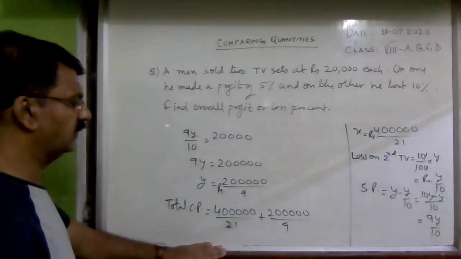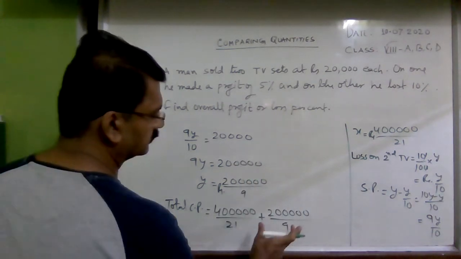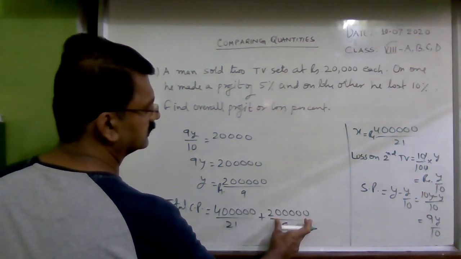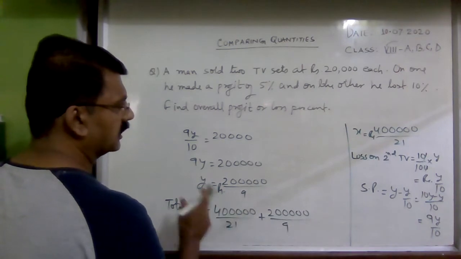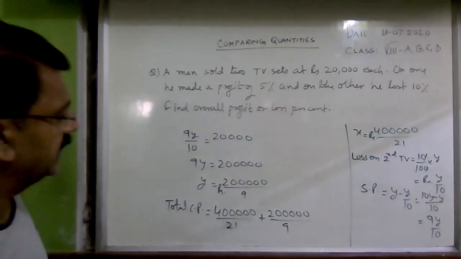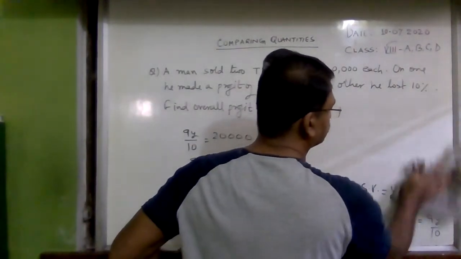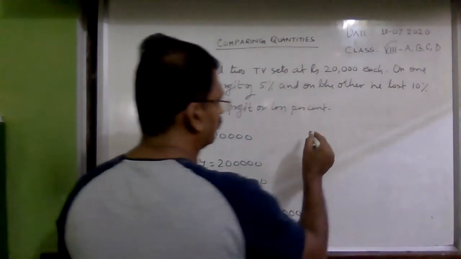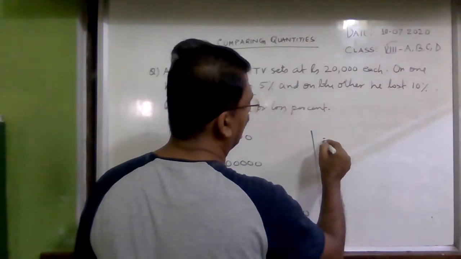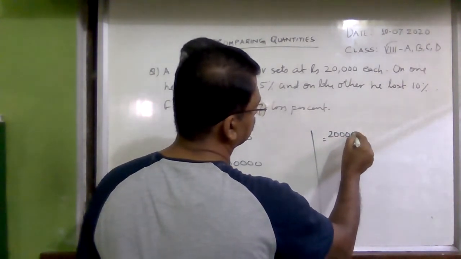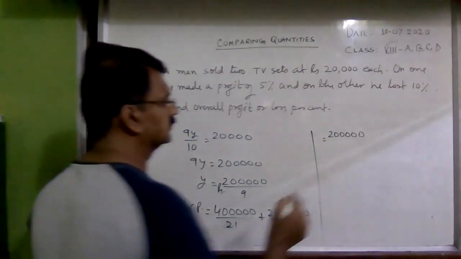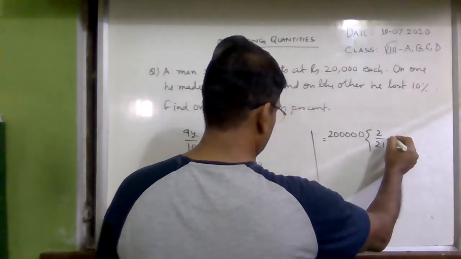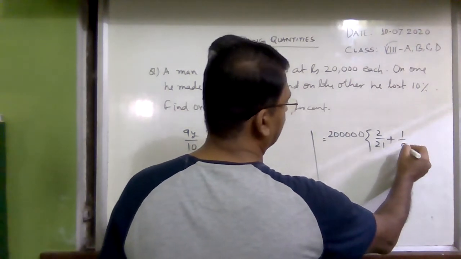Okay, now what we do, you can take 2 lakh common from these two to make your calculation easy. Take 2 lakh common. Then in the bracket we will have 2 by 21 plus 1 by 9.